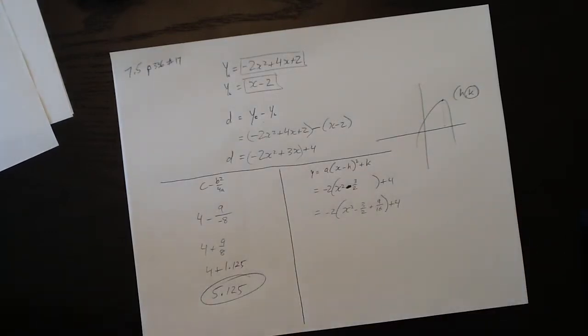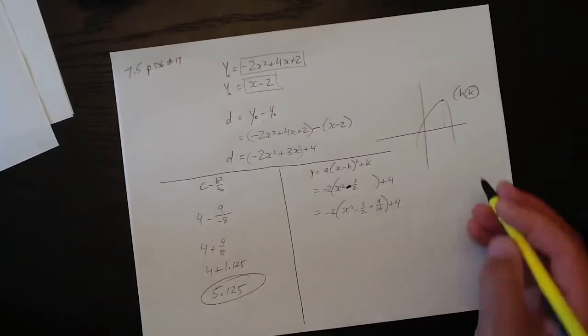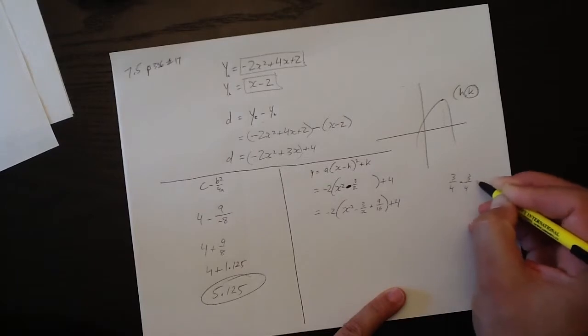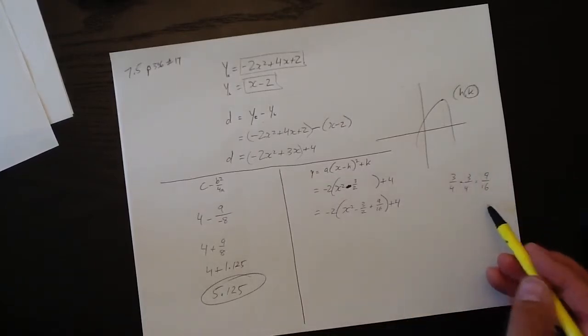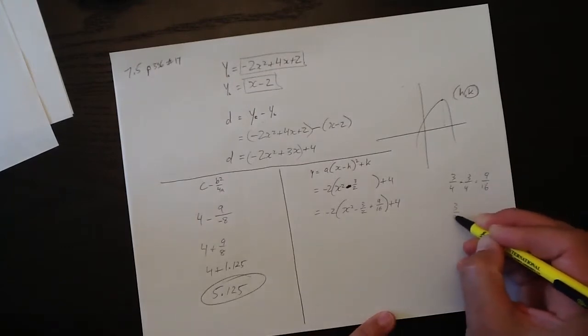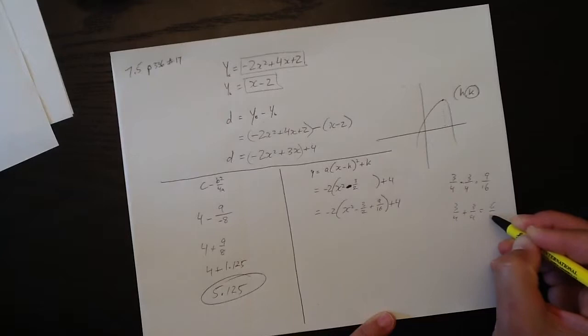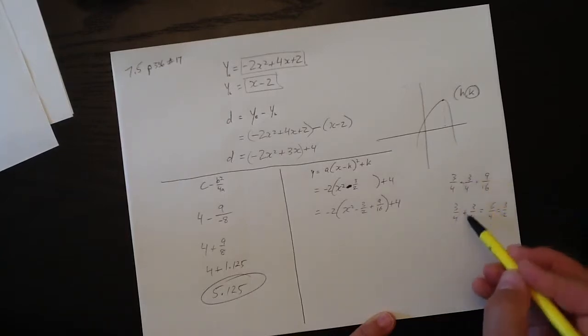I know that these are fractions and it's all very complicated, but 3 over 4 times 3 over 4 equals 9 over 16, and that's why we get 9 over 16 over there. And 3 over 4 plus 3 over 4 equals 6 over 4, which equals 3 over 2, and that's why we use 3 over 4.